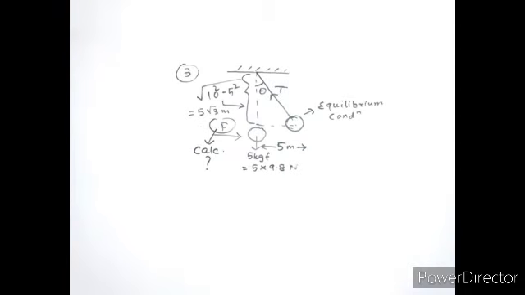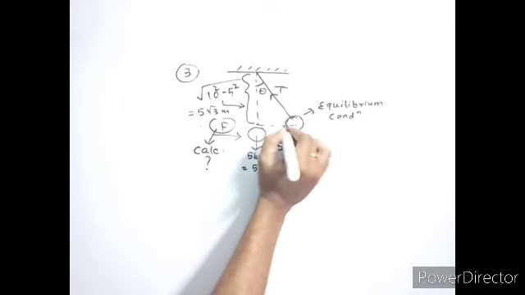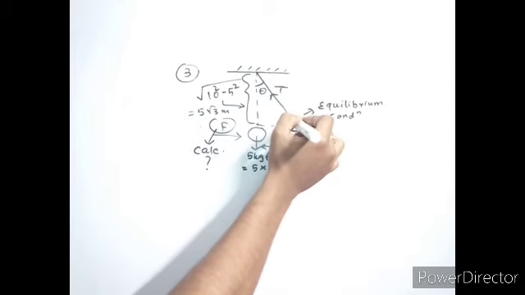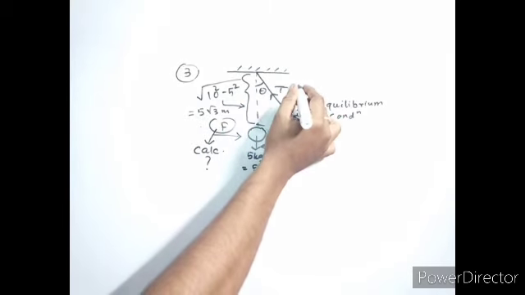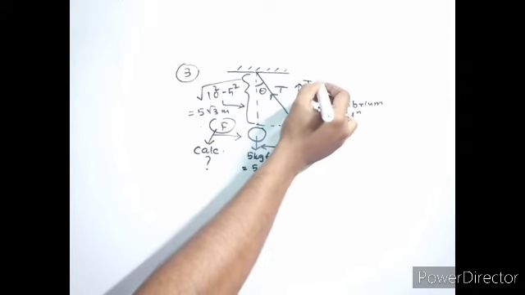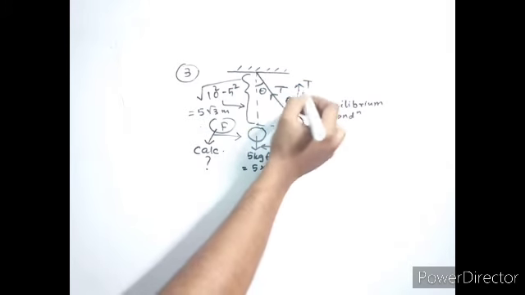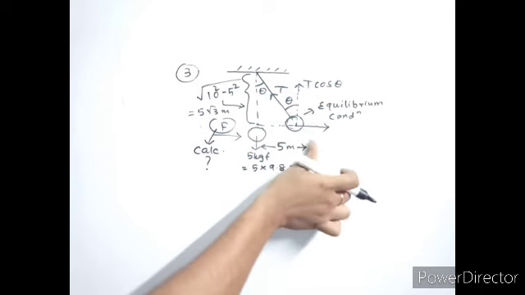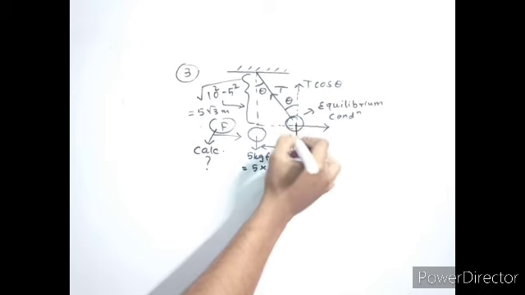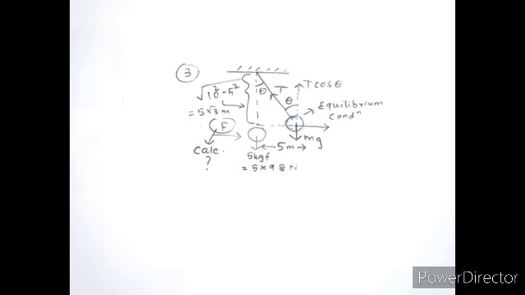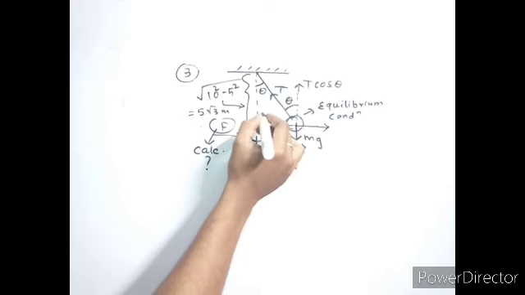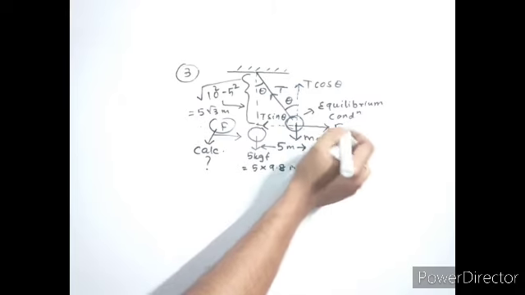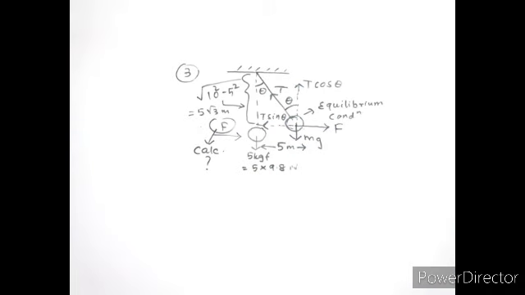Now how do we do that? So under equilibrium condition, that is at the extreme point that it has traveled, the force has acted upon it and the tension acts along the string. So the tension can now be taken along the rectangular components where the angle is theta, and we have the cosine component acting exactly opposite to the weight of the object, and the sine component acting exactly opposite to the force that was applied.